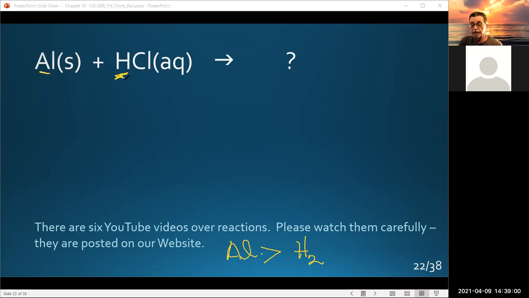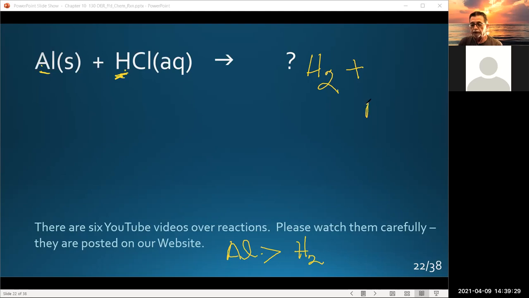And that means that the element, remember, we're doing a single replacement. And even though I said we're using hydrogen as our reference point, the activity series is relative to hydrogen. The elemental form of hydrogen will be H2. So one of the products I'm going to make is H2 gas. And the aluminum is going to replace the hydrogen.